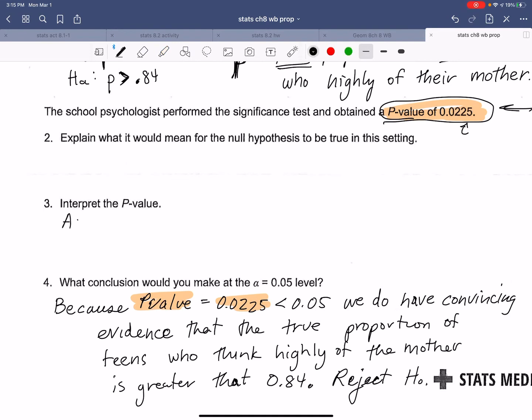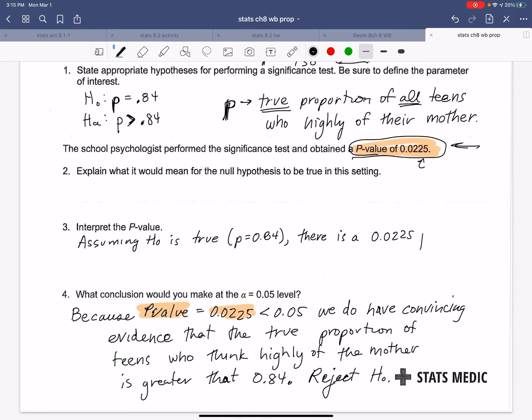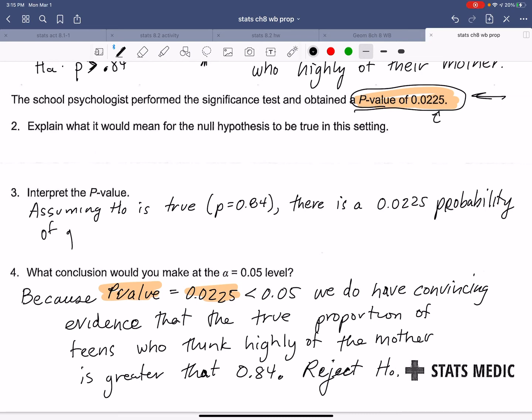We say, well, assuming H sub 0 is true, assuming that 84% of teens think highly of their mother, then this analysis made by the calculator is telling us that there is a 0.0225 probability of getting a sample proportion of 135 out of 150, or greater, purely by chance.